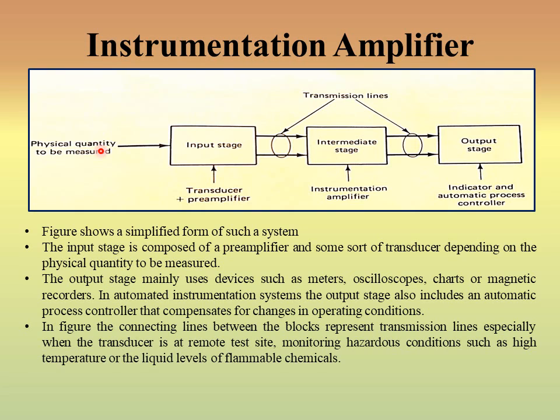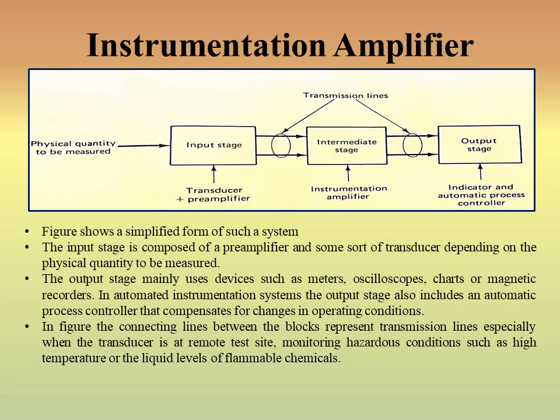If we are speaking about a furnace, then we cannot place the instrumentation amplifier at that site. Instead we use a transducer that gives out the signal from the furnace, and that signal is then provided to the input stage.